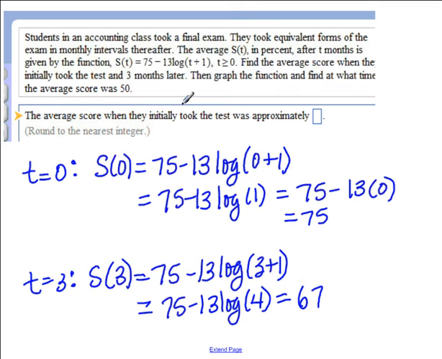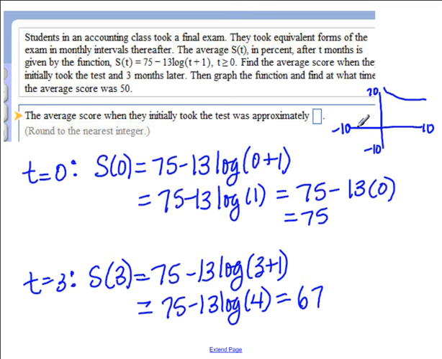And then to solve that, this is what I have in my window. I'm going from -10 to 70 for y, and -10 to 10 for x. And I see something coming up in the upper first quadrant. So if I'm trying to find when it's equal to 50, remember I can do the intersection, or I can do trace.